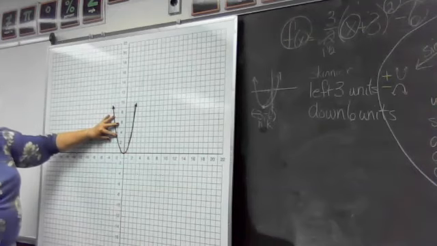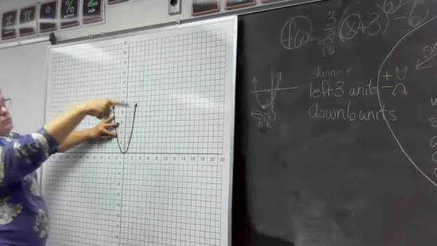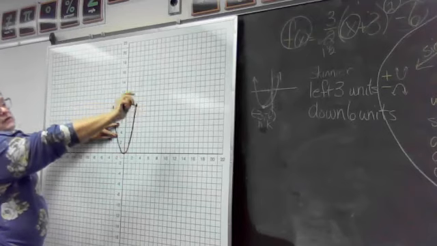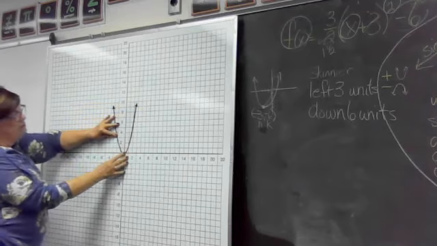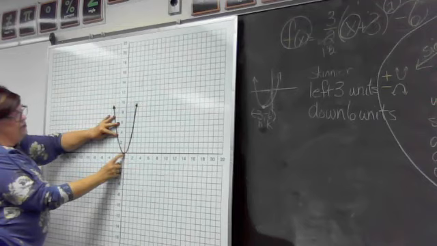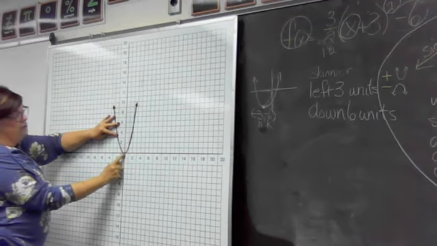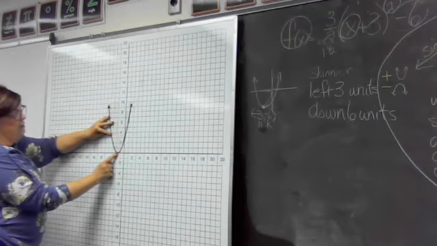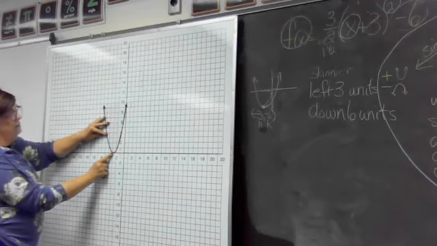And then as we look at the things that are supposed to happen, we're going to move it left 3 units. So I just concentrate on the vertex point. I'm going to move it 1, 2, 3.